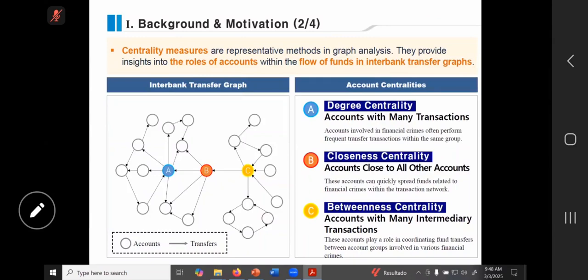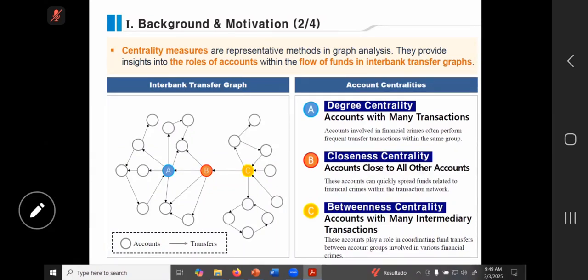The first one, degree centrality, means accounts with many transactions. Accounts involved in financial crimes often perform frequent transactions within the same group, so you can recognize blue dot A. The second one, B, is closeness centrality.